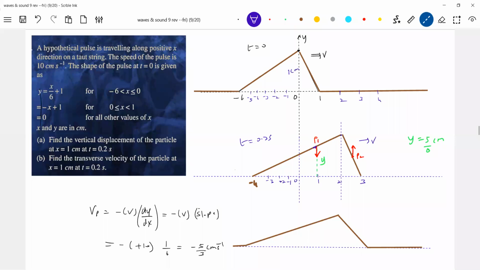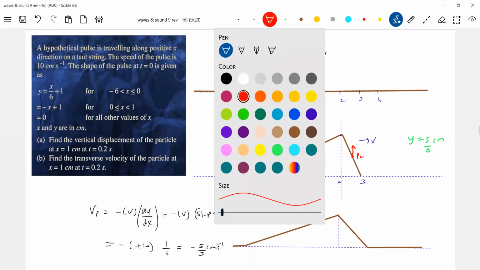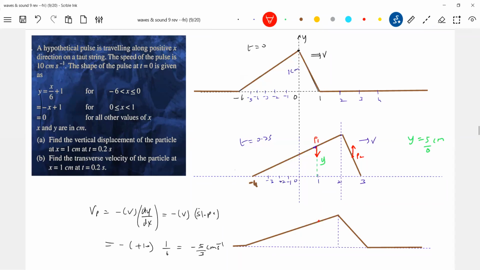Okay, let's take this one. So all these points, let me indicate the points as P1, P2, P3. P2 I already took, no? P3, P4, P5.